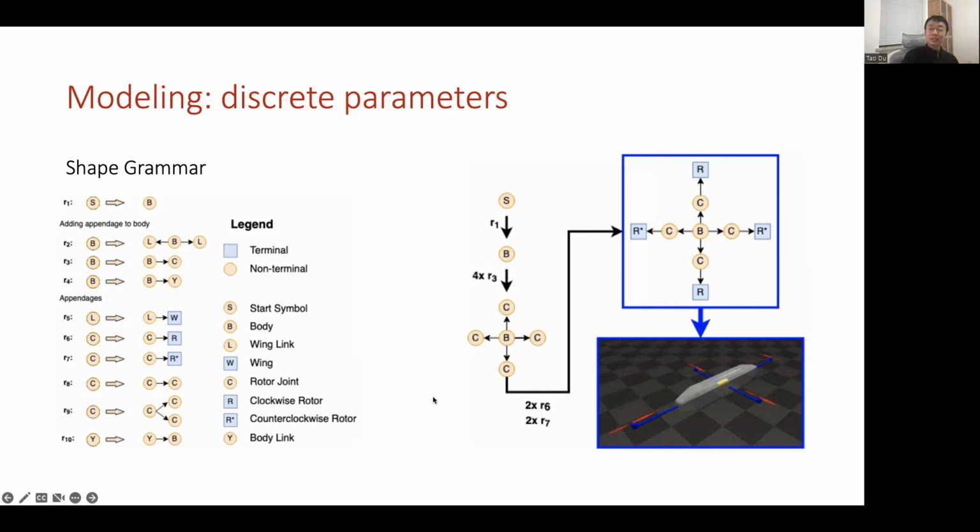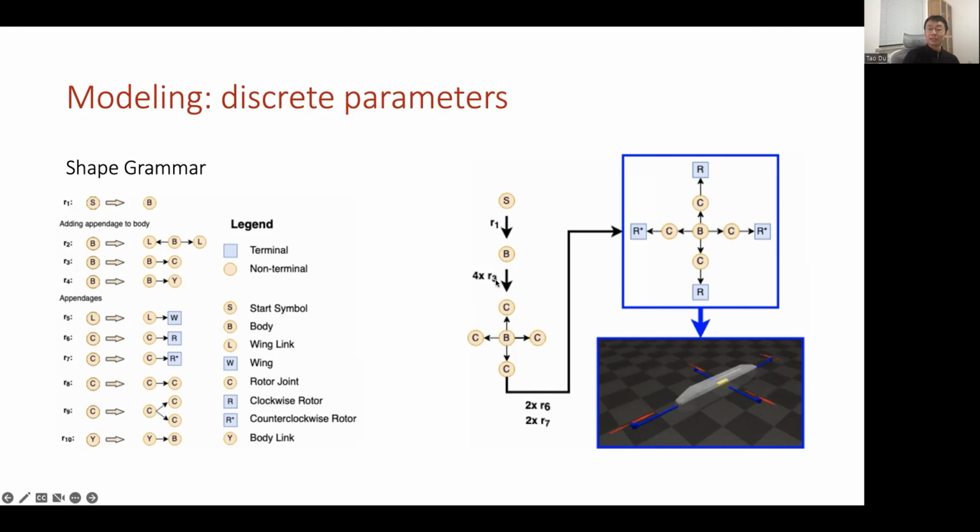And then we see that we choose to apply the third rule, R3, 4 times. So let's take a look at what R3 encodes. So this turns out to be a rule that proposes to replace the body node with an extension to C. A C node here indicates a rotor joint. So this makes great sense to us.